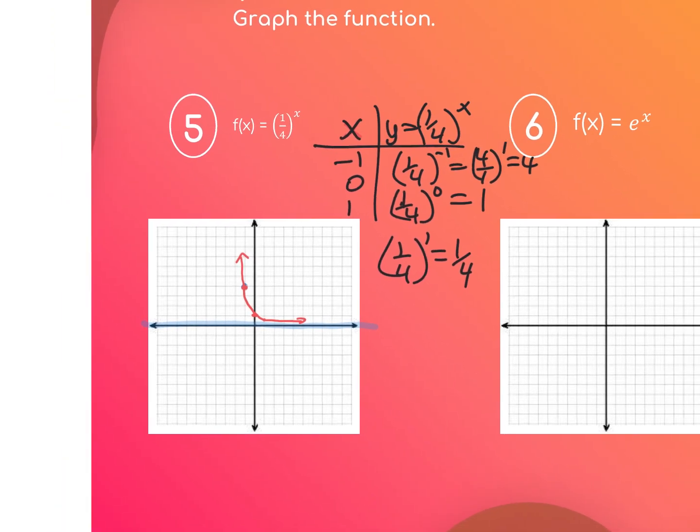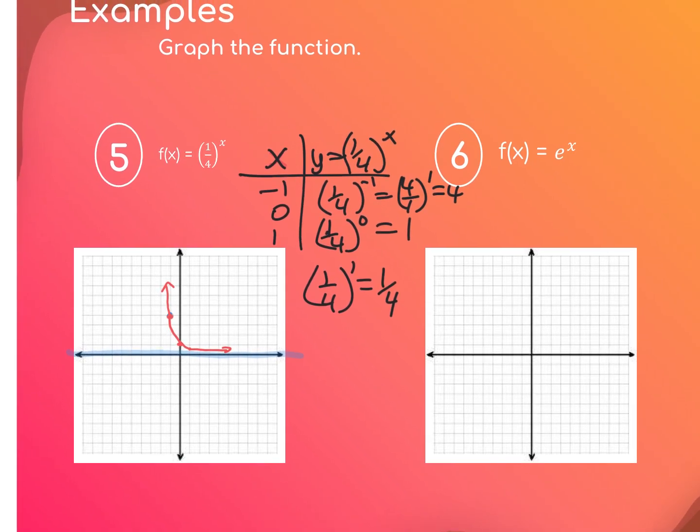Now, at the beginning of the notes, I told you that I was going to introduce you to the number e. e is not a variable here. e is a number. Just like pi is a number, e is approximately, if you hit e on your calculator, it's a crazy long irrational number, and we're going to approximate it to 2.71.